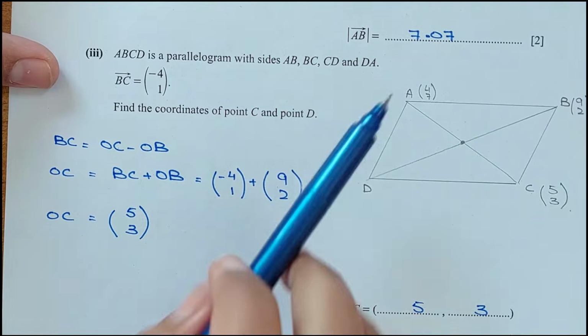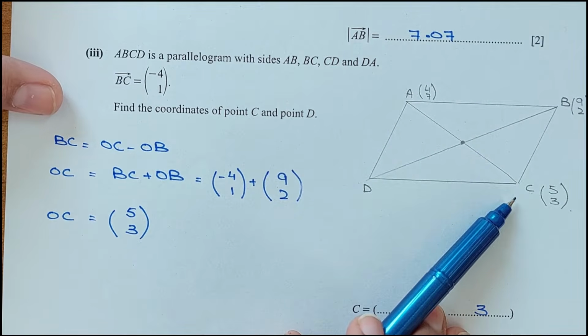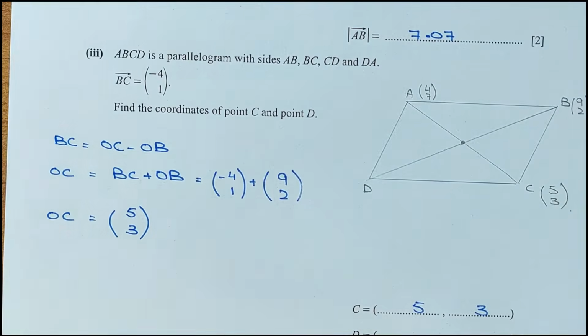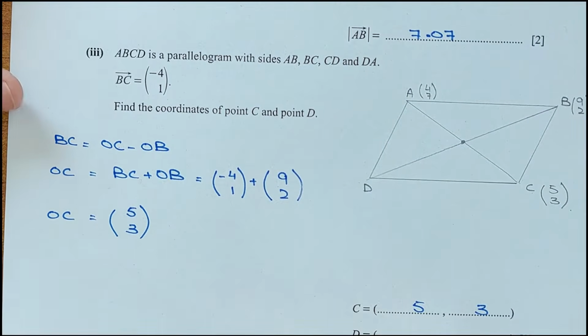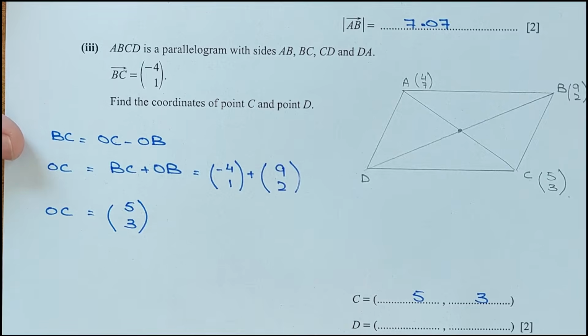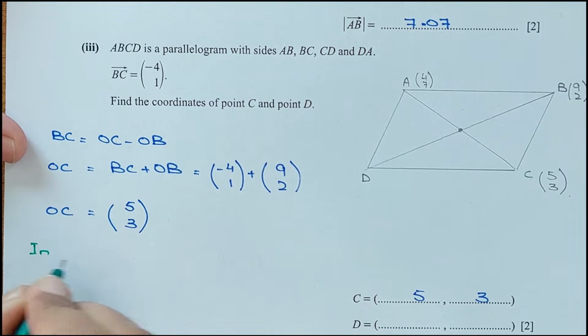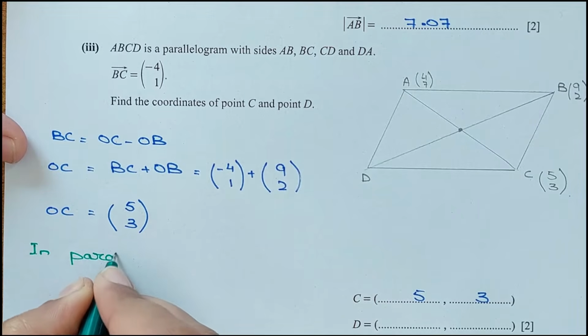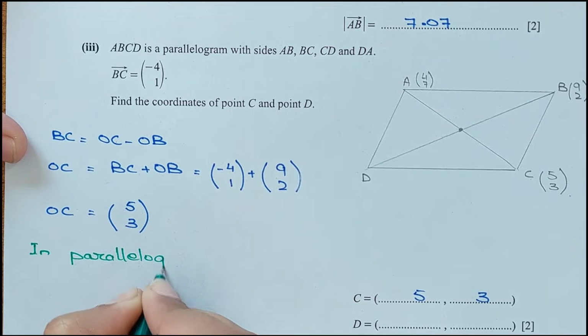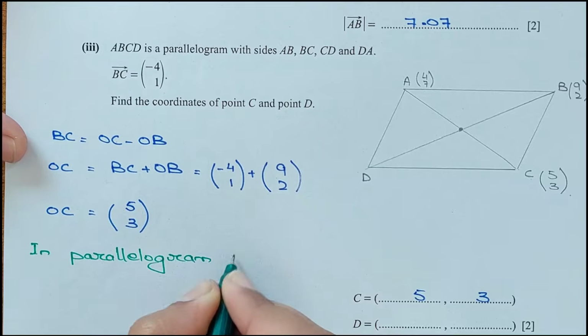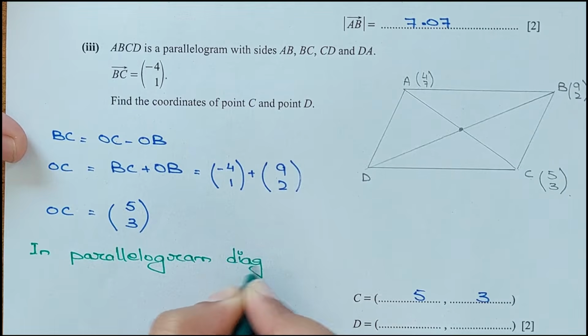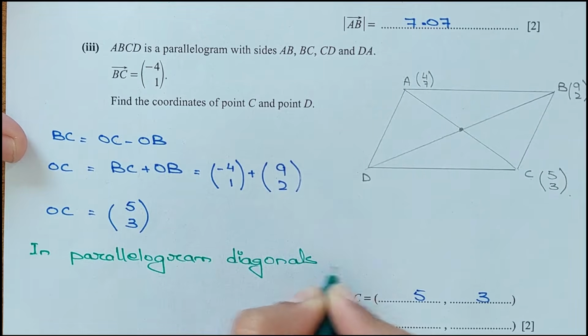It means the midpoint of AC is equal to the midpoint of BD because the diagonals bisect at the midpoints. Okay, you can write this down: in a parallelogram, diagonals bisect.